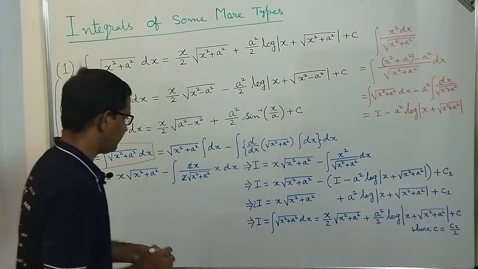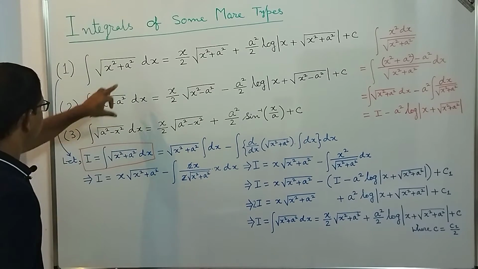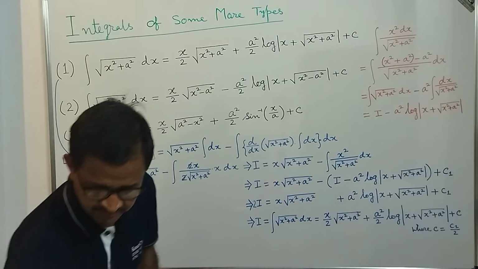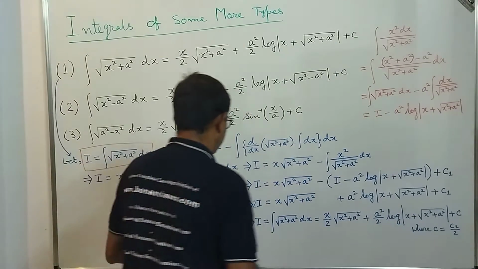So we get the formula for the integration of square root of x square plus a square. Okay, this is the one we have derived here. So with this we are done with the first one.